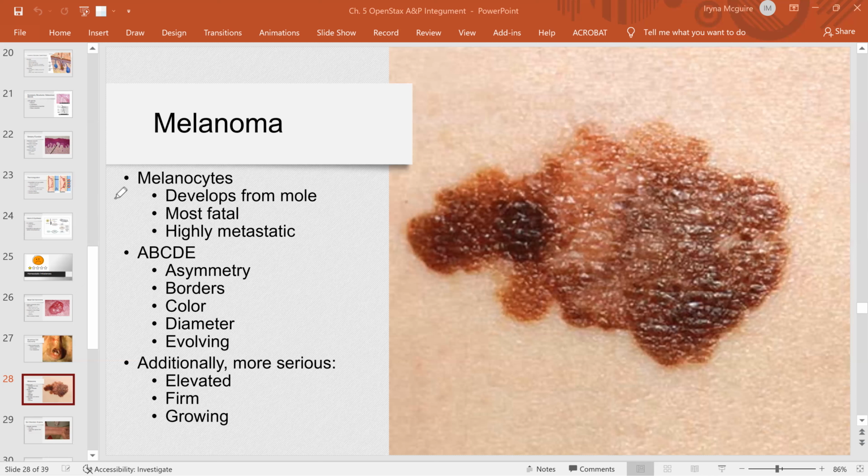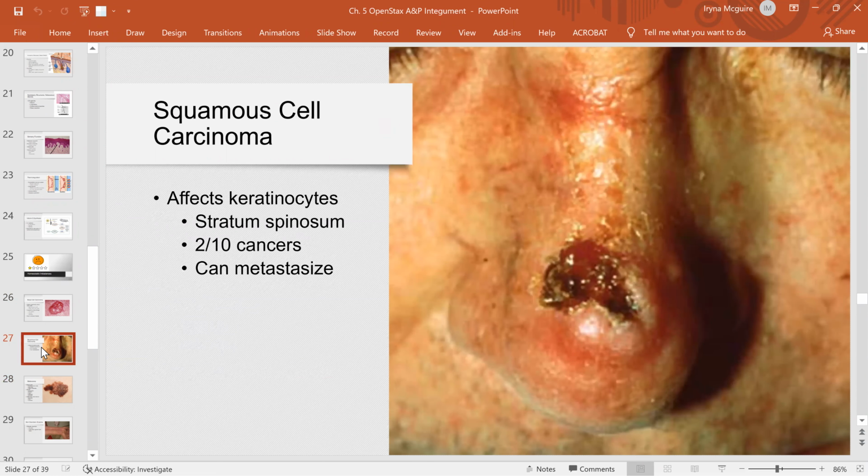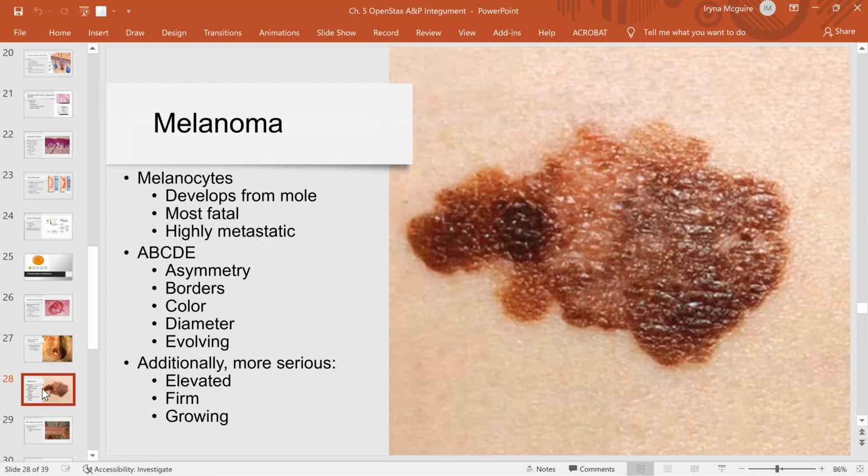Right, so again, in this chapter we have 3 types of cancer: basal cell carcinoma, most common, less dangerous; squamous cell carcinoma, which can metastasize; and the highly metastatic, most fatal, dangerous skin cancer, melanoma, that develops from melanocytes.